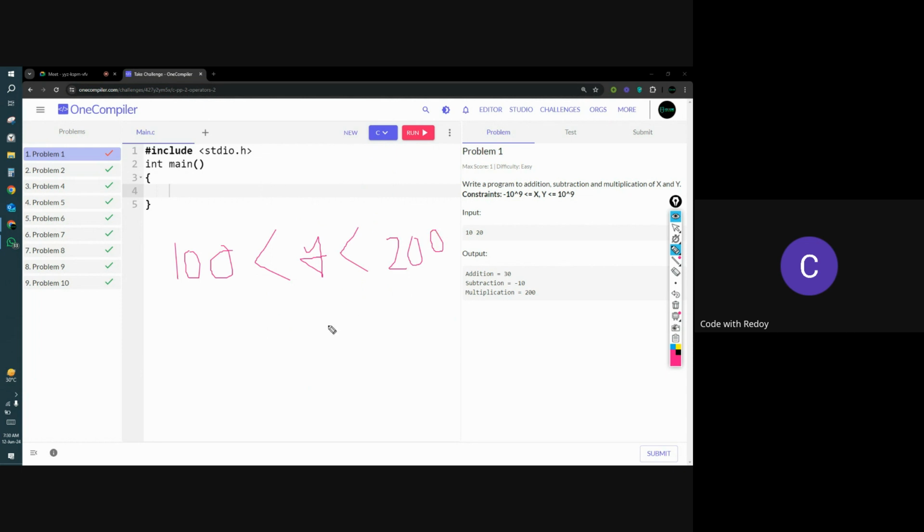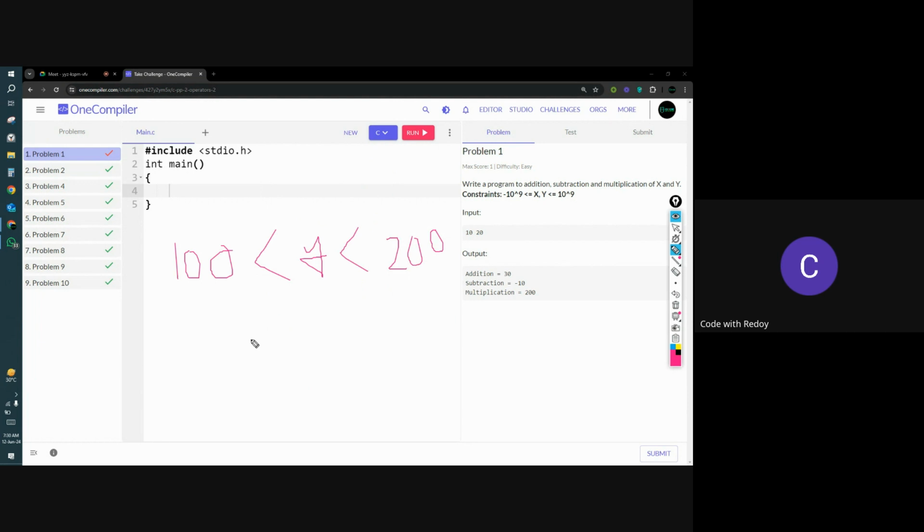So tell me the value of y. What can be the values for y?